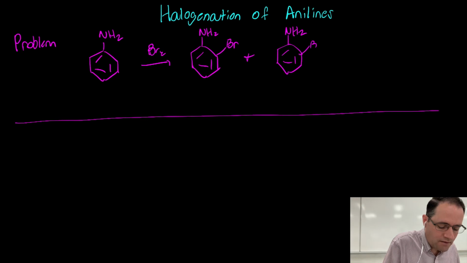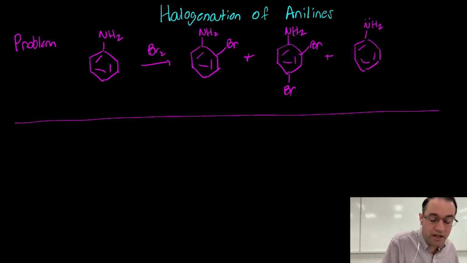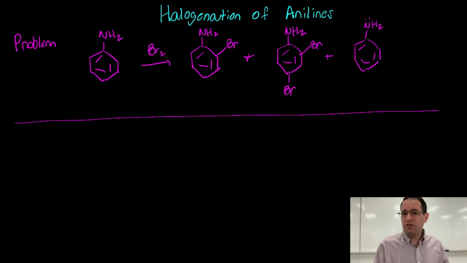A variety of molecules are produced because the aniline is so hyperactive. It's one of the best electron donating groups. It activates the aromatic ring so well that you get mono, di, and it's just a mixture of things.